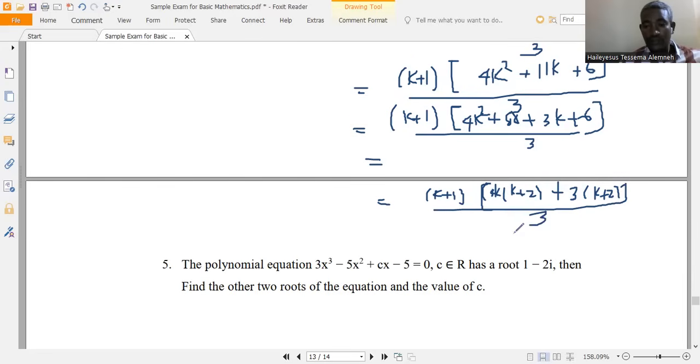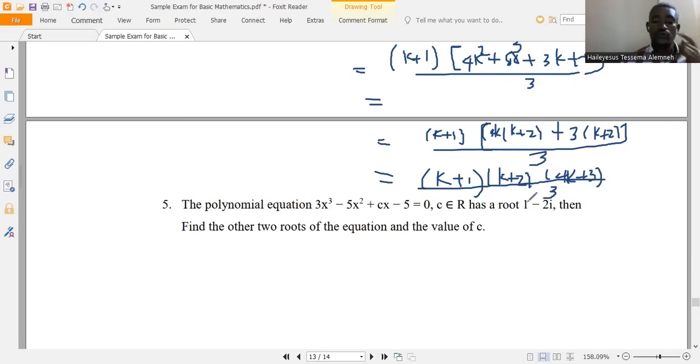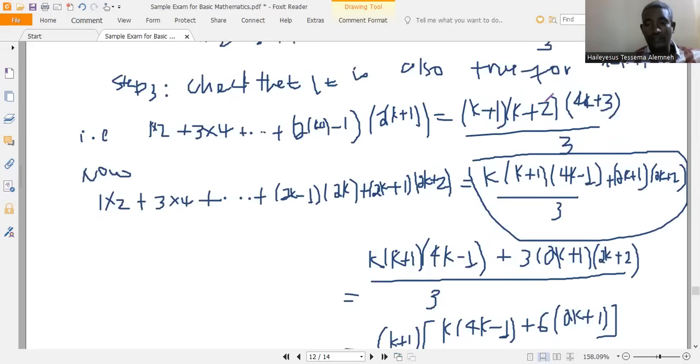So k plus 2 is common, so which becomes k plus 1 times k plus 2 times 4k plus 3 over 3, so we obtained the desired one, the required one.